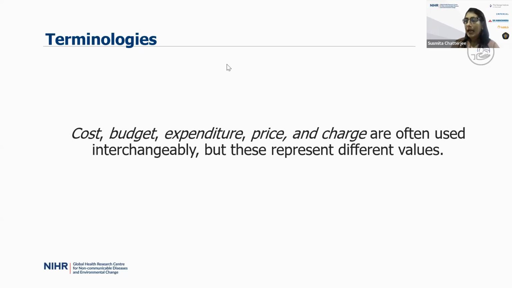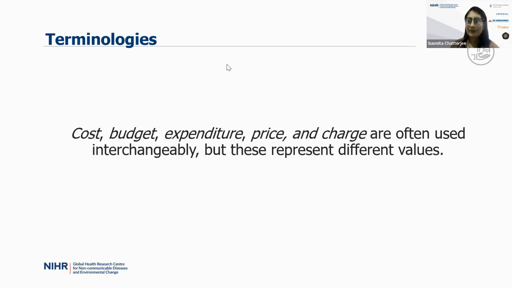But after 1 year, you may see that in one head, you spend more. In one head, you have a lot of money unspent. That's the expenditure. And in financial costing studies, we need the expenditure, not the budget. And every time when we go and speak with the government for any of my work, I always get this response that, oh, we have the budget.